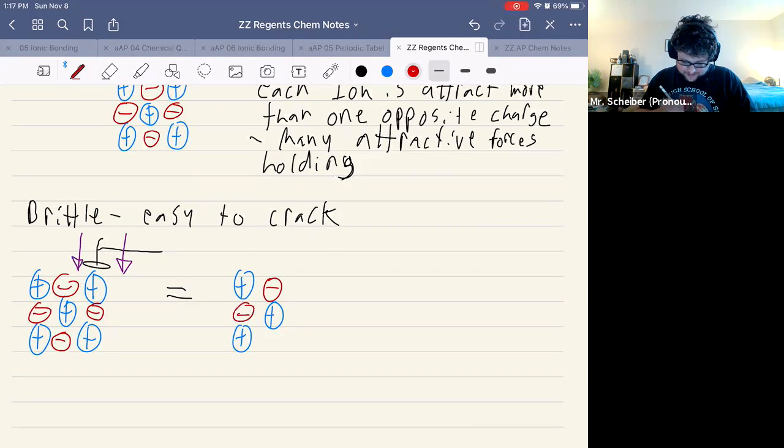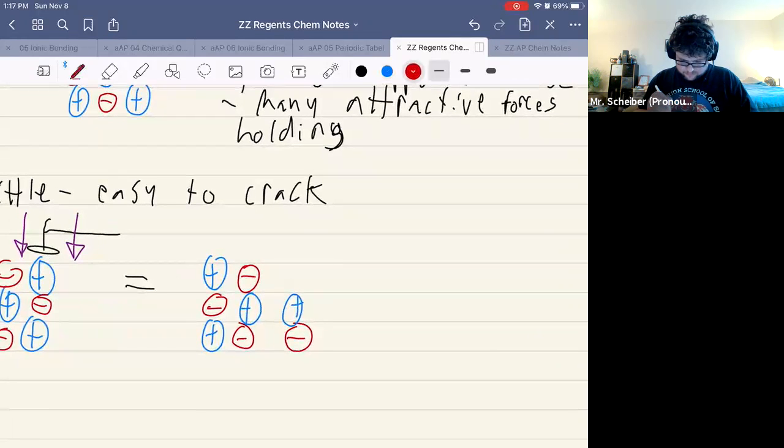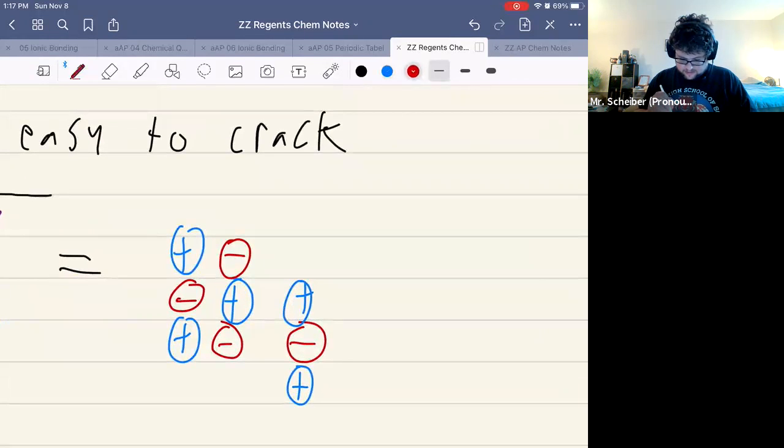Negative, negative, negative. But if we look here, see this? That's going to be moved down one row. It's going to look like this. There's going to be a positive here, a negative, negative, positive, and another positive, right? And we see here that with these two, there's going to be this force of repulsion, right? So the instant you knock them down one, they get pushed apart.